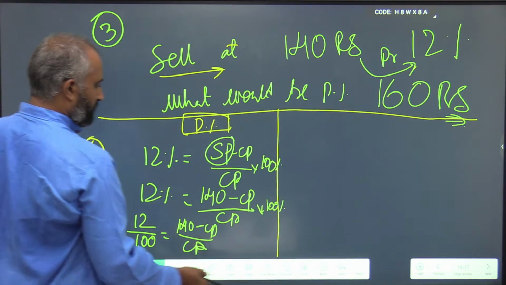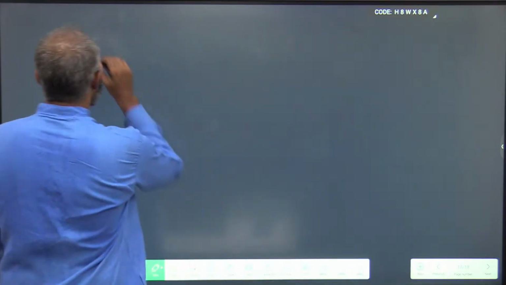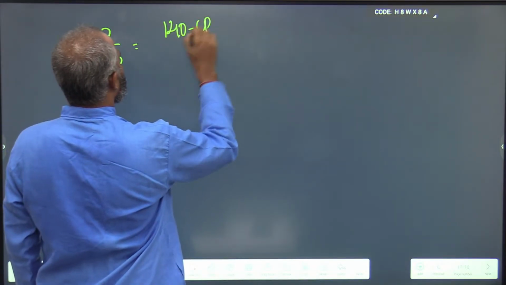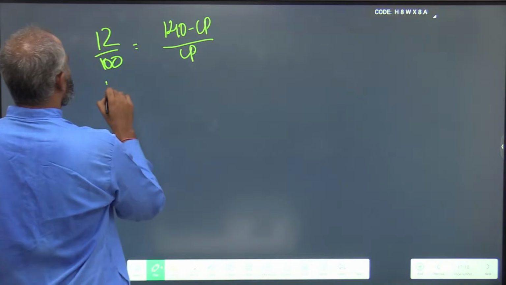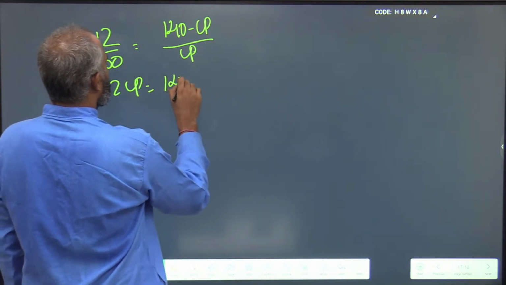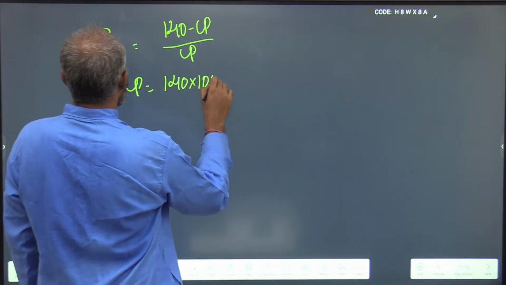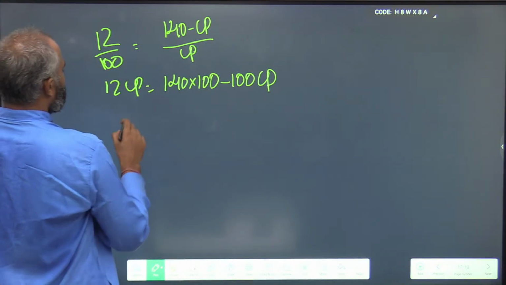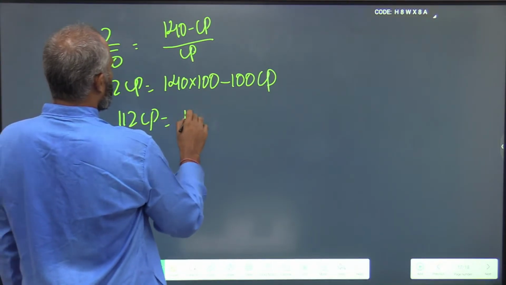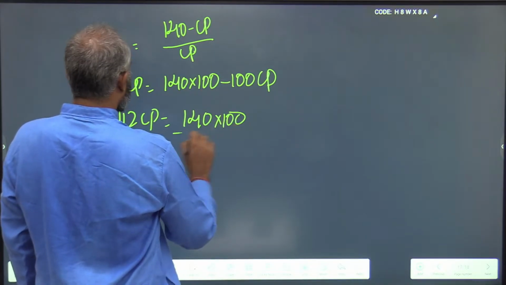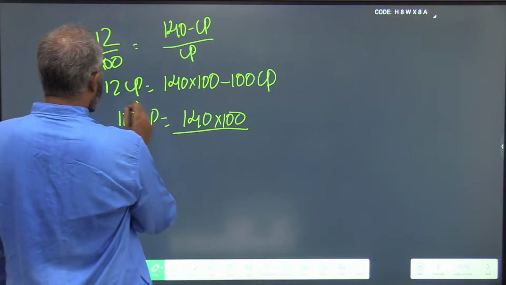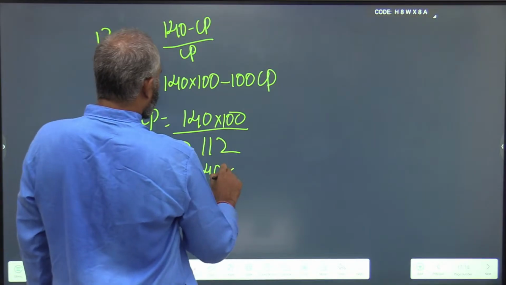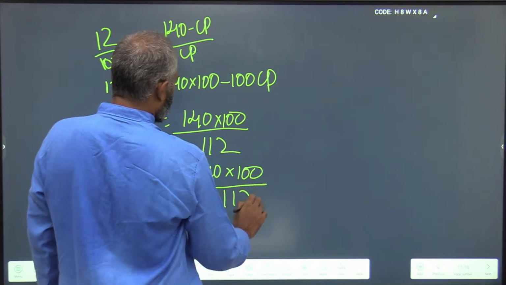So if you cross multiply, 12 CP is equal to 140 into 100 minus 100 CP, and this goes here. This becomes 112 CP is equal to 140 into 100. This 112 comes here. So the cost price is 140 into 100 by 112.